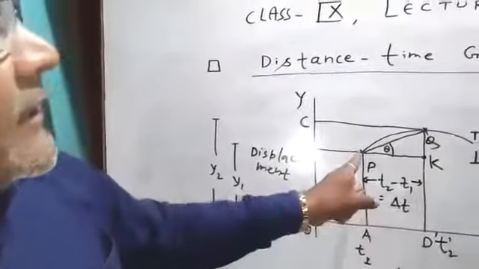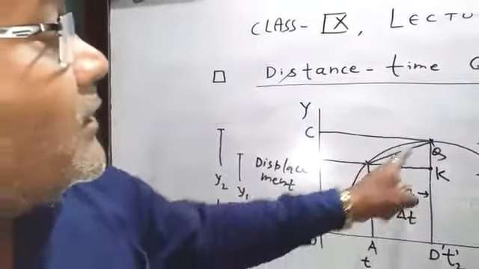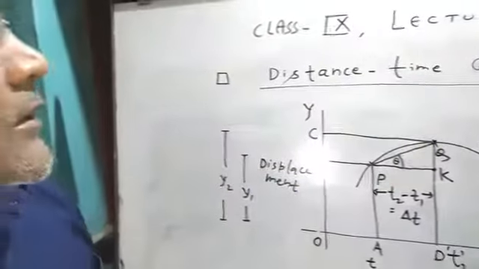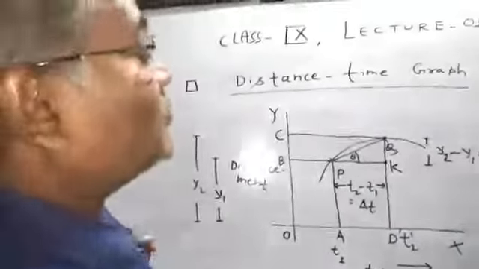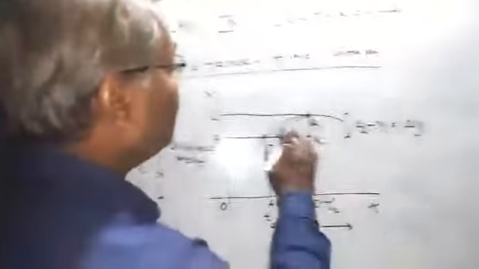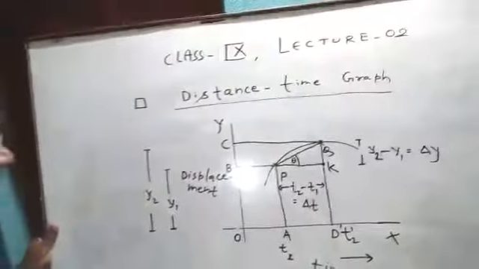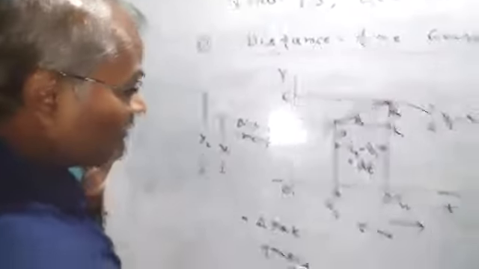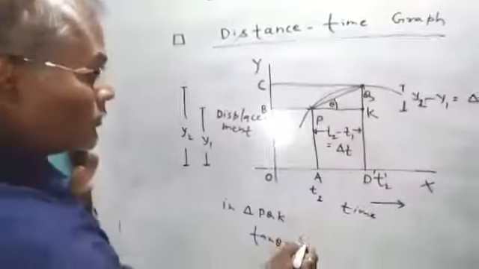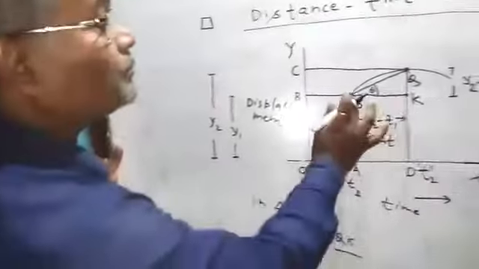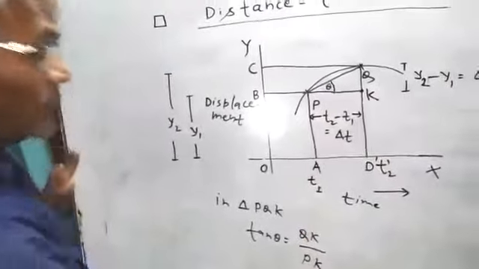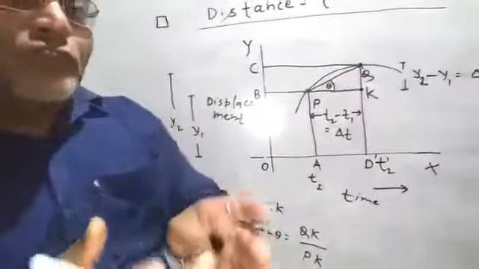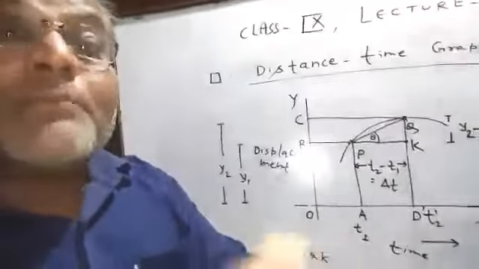So here in this triangle PQK, by the help of trigonometrical identities, tan theta will be equal to QK upon PK, because tan theta is perpendicular by base.